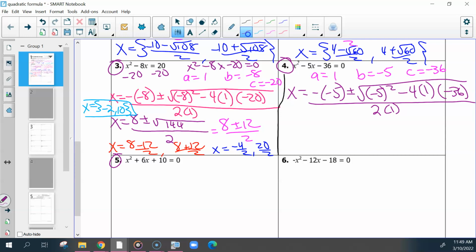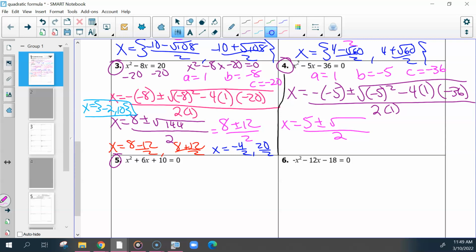Start to simplify and find your discriminant. What would that discriminant number be? 169.